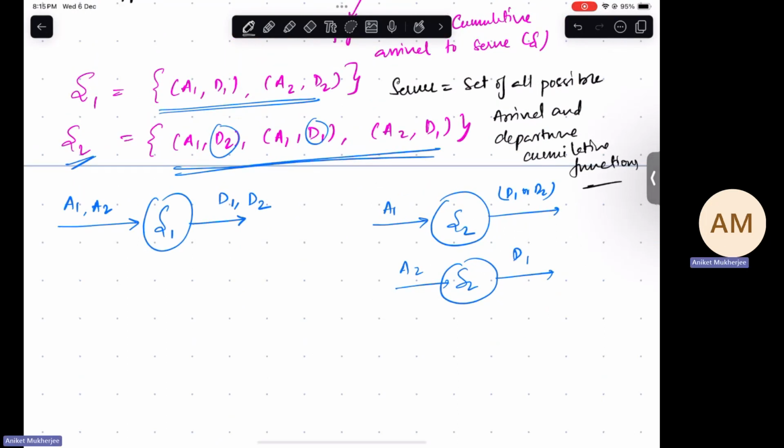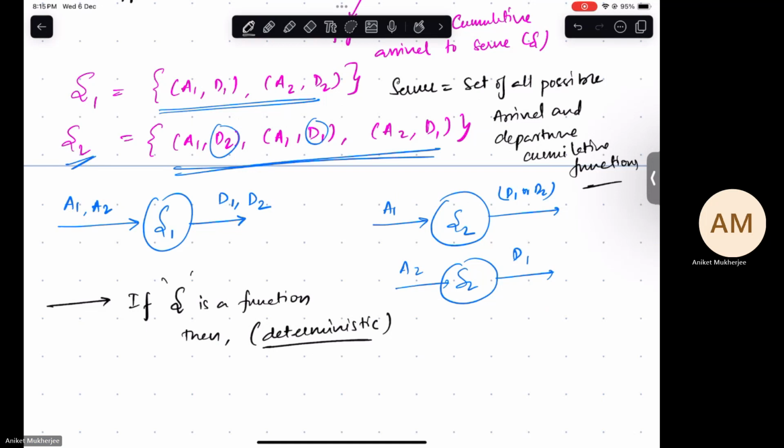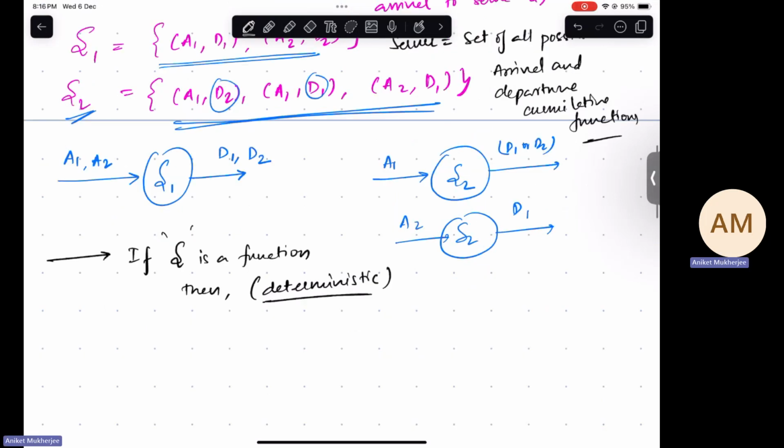One remark: if S, the server, is a function, then we say that the server is deterministic. Now, this deterministic has nothing to do with the deterministic network calculus part where you find deterministic bounds for arrivals and departures. But if S is a function, then it's a deterministic server. If S is not a function, then it is non-deterministic.